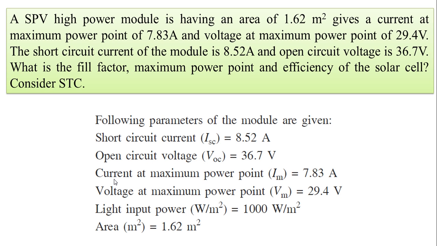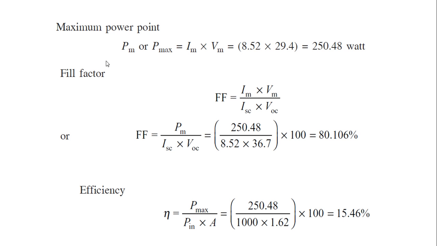Then we'll go with the next point: current at maximum power point, voltage at maximum power point, light input at STC 1000 watt per meter square, and the area which is given as 1.62 meter square. The maximum power point PM is the multiplication of IM into VM, that is 250.48 watt.